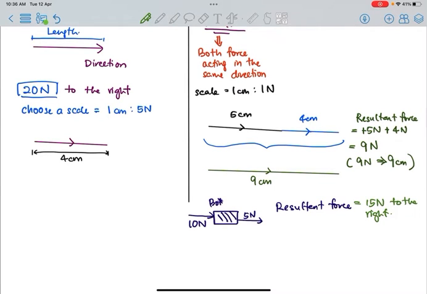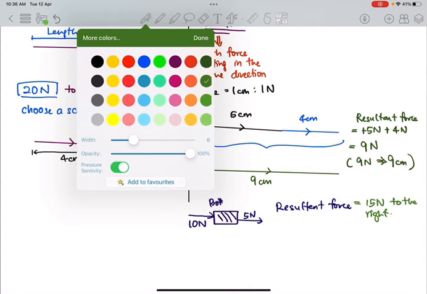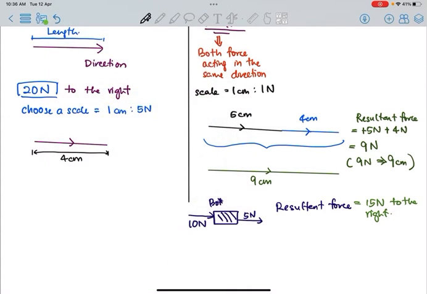We can also realize this based on the vector drawing. You need to choose a scale first, because for drawing you need a certain length for the line. Let's say 1 centimeter represents 1 Newton.